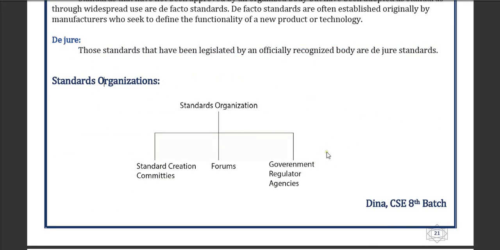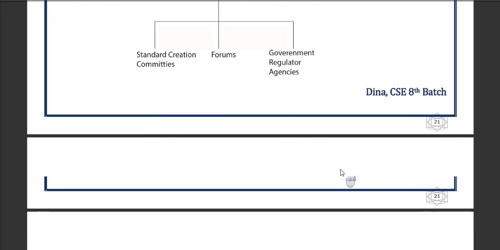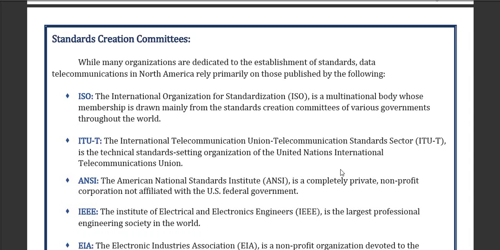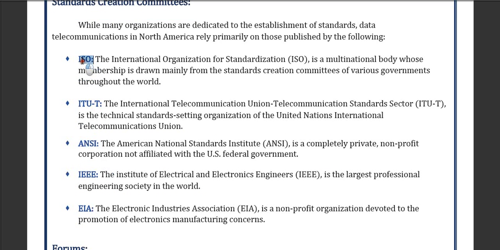Standards organizations are standards creation committees, forums, or government regulatory agencies. Some standards creation committees are ISO and ANSI. The important ones are ISO, which stands for International Organization for Standardization, and ANSI, which stands for American National Standards Institute.